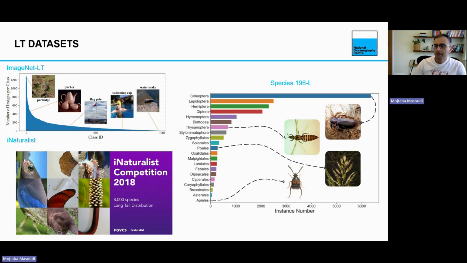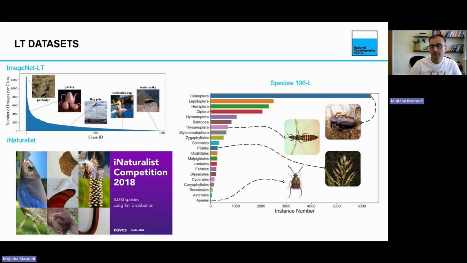And here are a few examples of long-tailed datasets. After people realized long-tailed datasets can bring problems, they started to publish datasets with long-tailed distributions, so you can test your model to see if it is working properly in real scenarios.